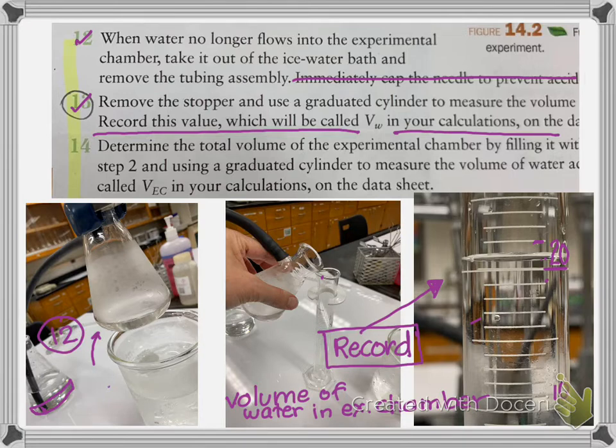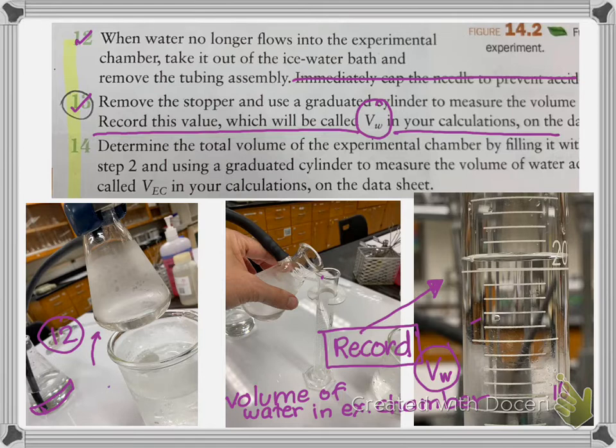My pen is not making a good mark. Okay, let me erase it because I think it'll be easier for you to read. So you're going to record this as the volume of water in experimental chamber, and the directions tell you this is VW right here.